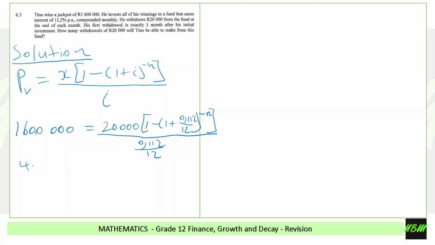So we get 4,800 divided by 3, which will be equal to, now we still have 20,000 multiplied by 1 minus, then inside the brackets 1 plus 0.112 divided by 12 gives us 757 divided by 750.